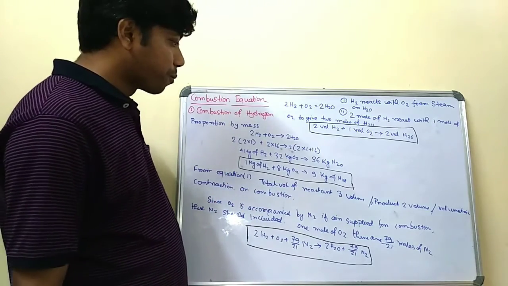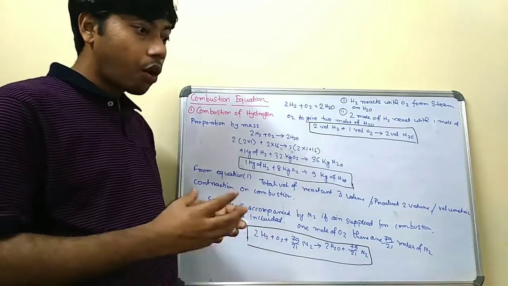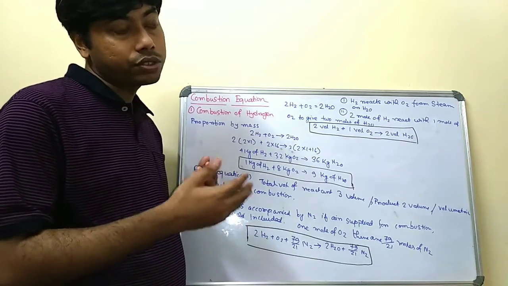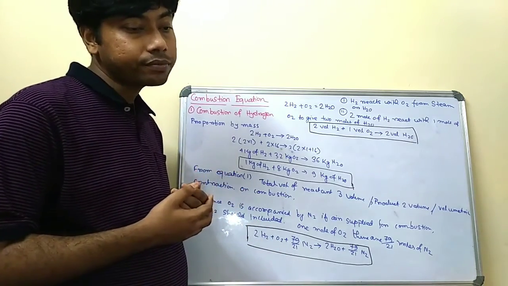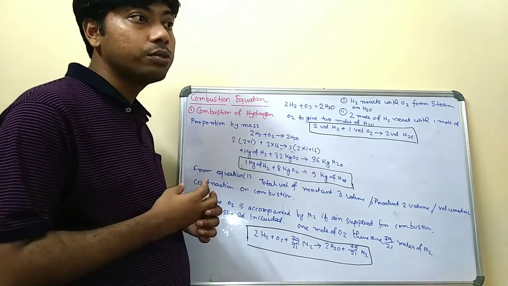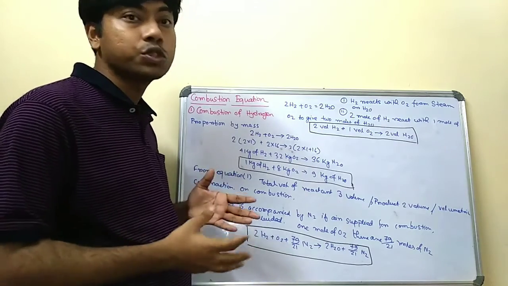Obviously, when the oxygen reacts with the fuel, some nitrogen will also be included, because the oxygen comes from the atmosphere, and there is nitrogen along with it, which is atmospheric nitrogen.